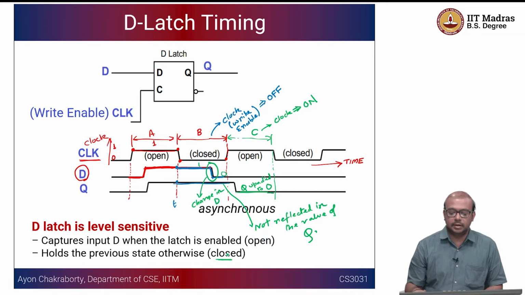So the time you are copying the data from D to Q also depends on how long this particular clock input is high, and because of a variety of reasons, there is no guarantee that the clock input is high for exactly the same amount of time in all cases, right?